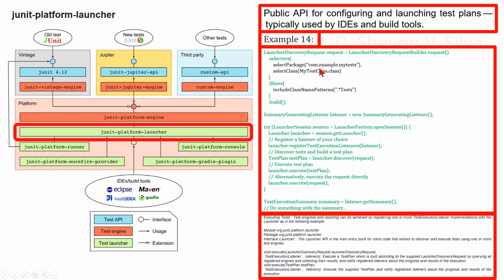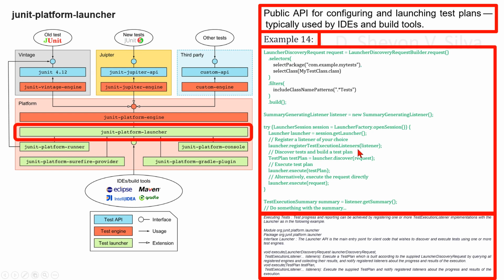Test progress and reporting can be achieved by registering one or more test execution listeners. Test execution listener implementation with the launcher, as in this example.